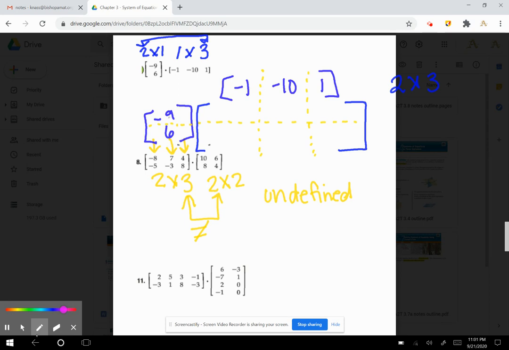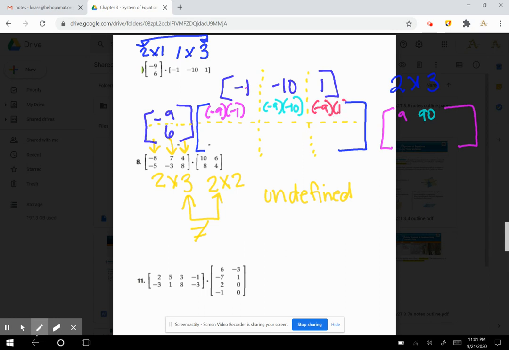So first number times first number, that's all you have. All you have is -9 times -1. I don't have any other number that goes in this row and column. So my answer is 9. Okay, next I'm going to pull -9 times -10. So -9 times -10, 90. Okay, -9 times 1, -9.